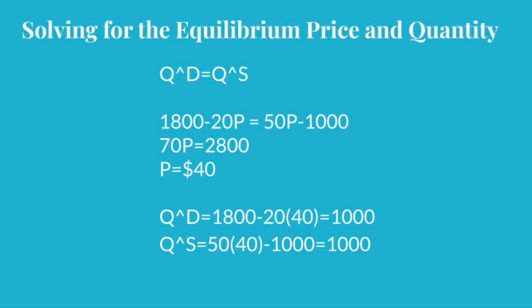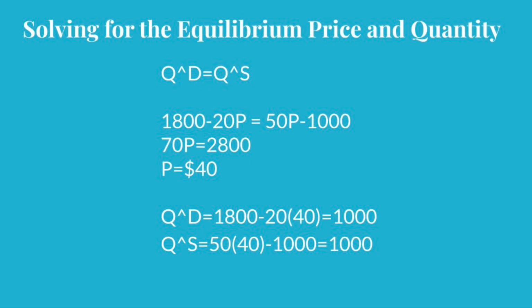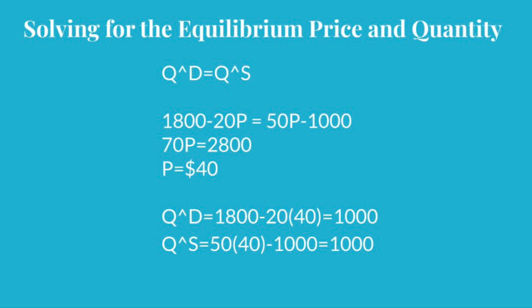Which then gives us the answer of P = $40. At P = $40, the quantity demanded and supplied can be found from the demand and supply curves. Q^D = 1800 - 20(40), which is equal to 1000.